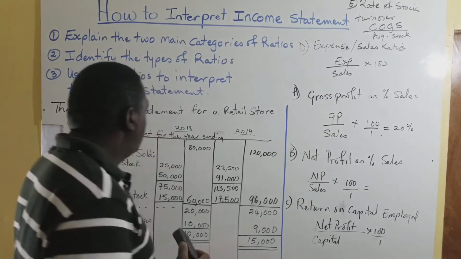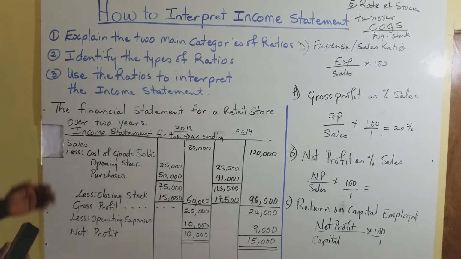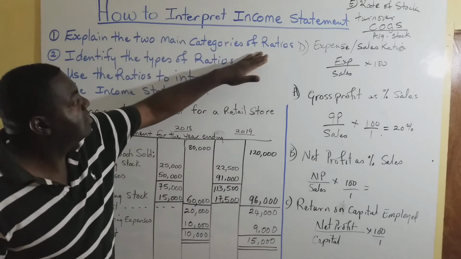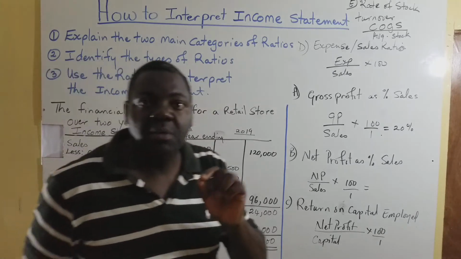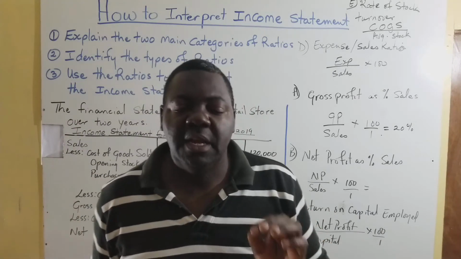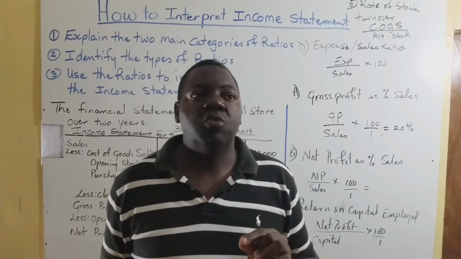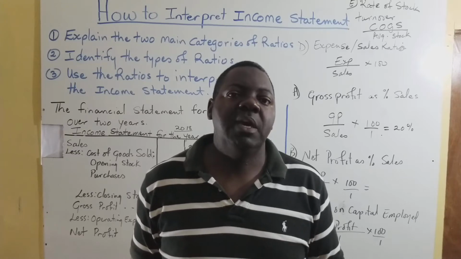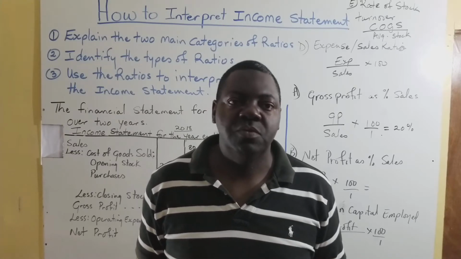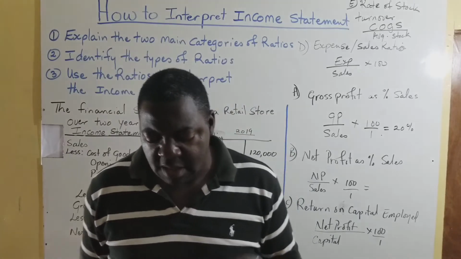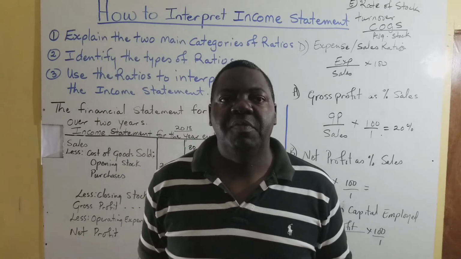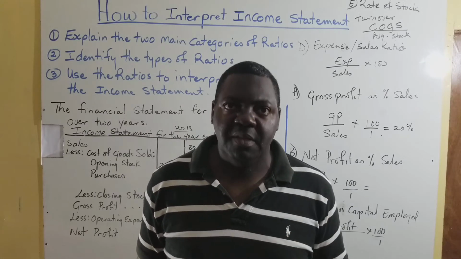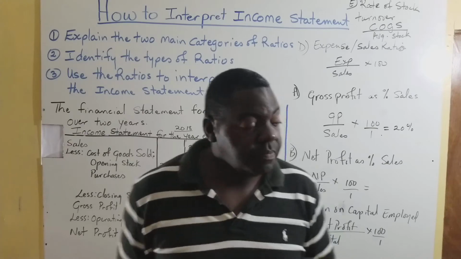So we would have explained the two main categories of ratios. The liquidity ratio is done in order to determine the company's ability to pay its debt when it falls due. The profitability ratio is about the extent to which the business is making a profit on its operation.